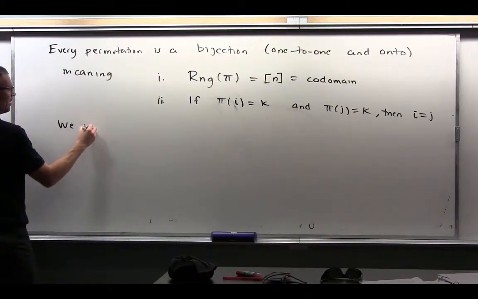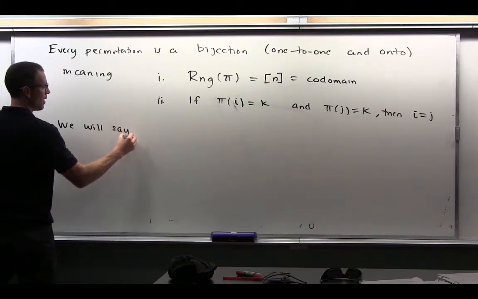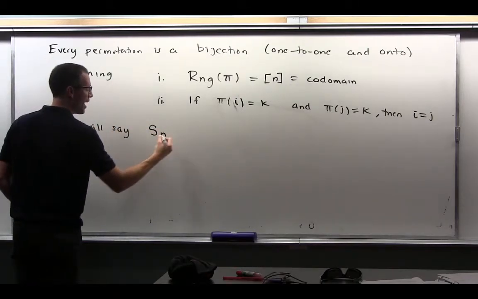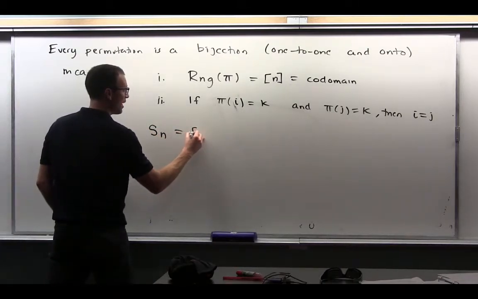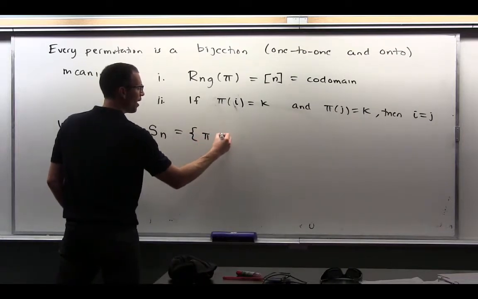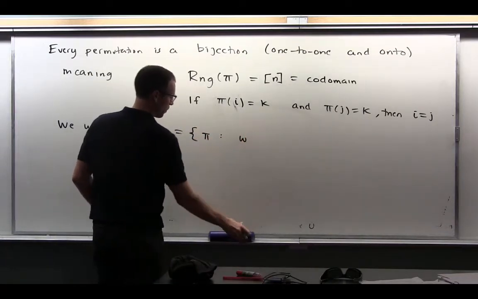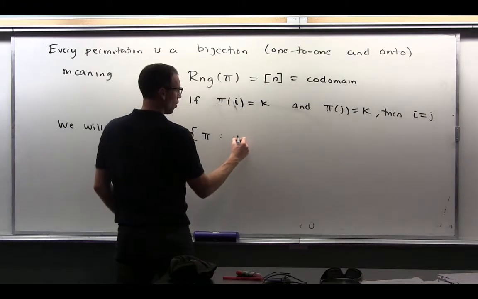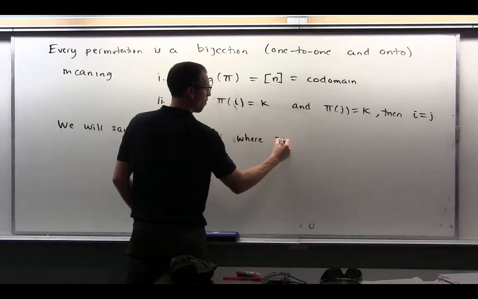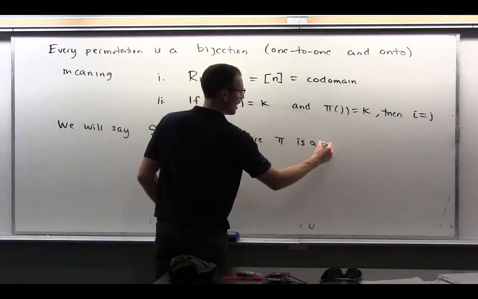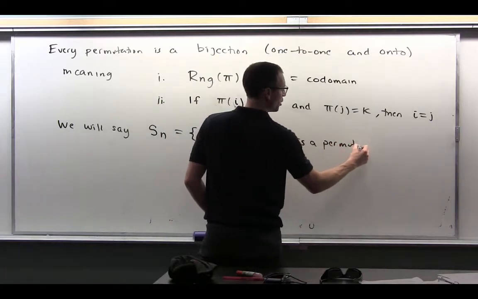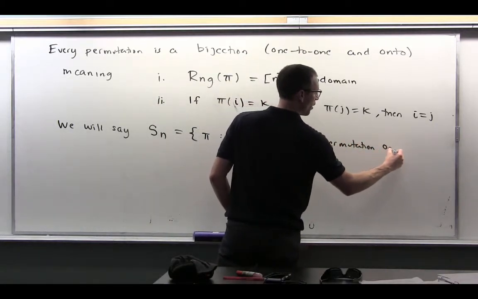We will say S sub n is the set of all permutations pi where pi is a permutation on n.